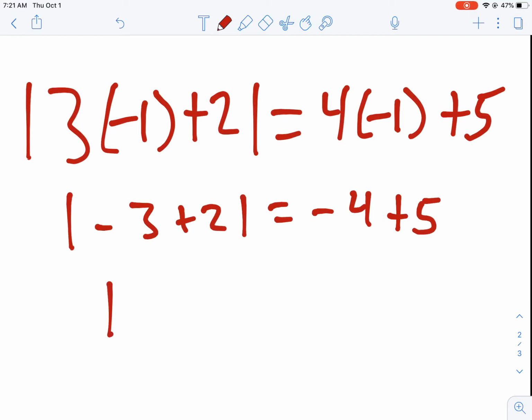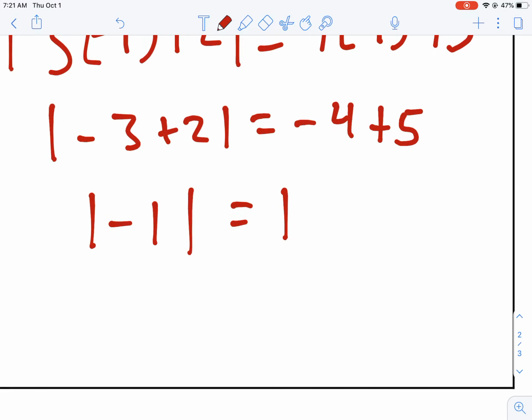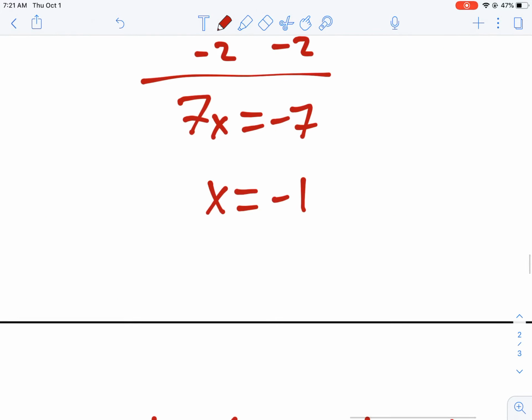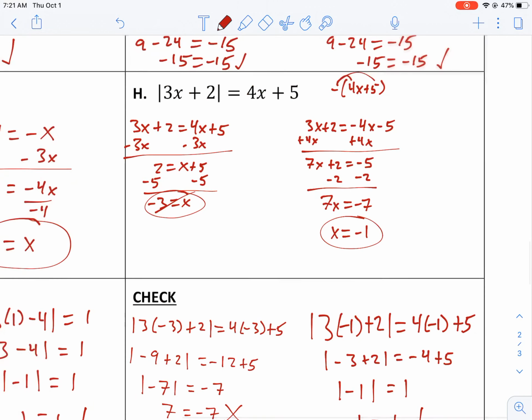Negative 3 plus 2, that's negative 1. Negative 4 plus 5, that's positive 1. So this actually will work because the absolute value of negative 1 turns it into 1. So this only has one solution, x equals negative 1. The other solution is what we call extraneous.